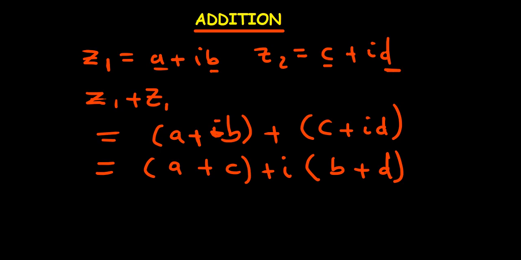Let us look at an example. So we have these two questions that are given here. We say evaluate 4 plus i plus 3 minus 5i. That's A. How are we going to do that? So we add the real part to the real part and the imaginary part to the imaginary part.